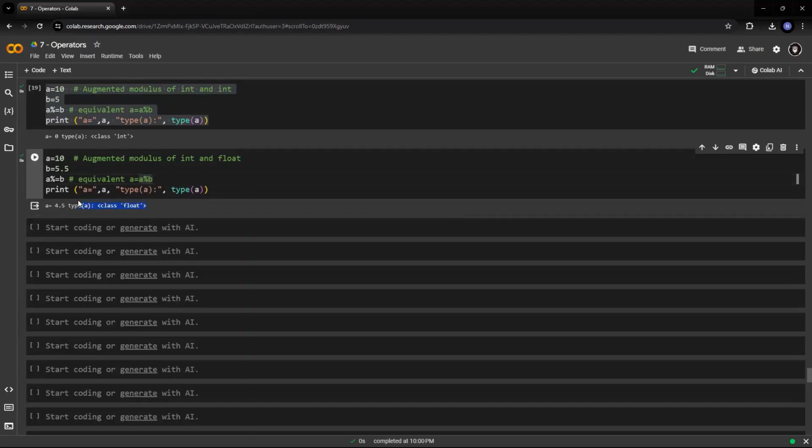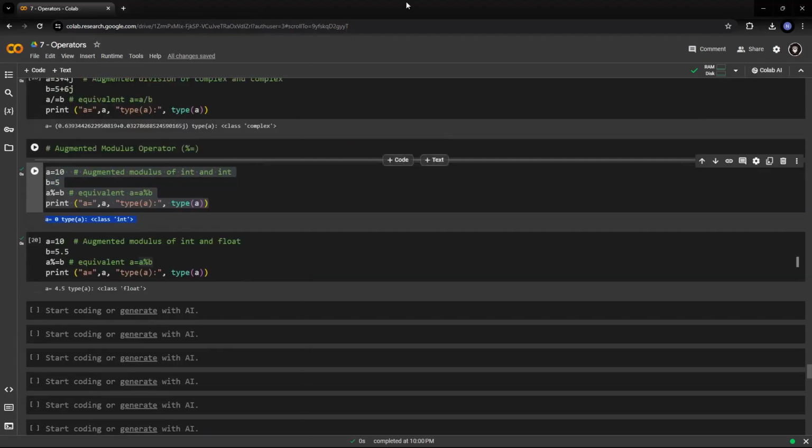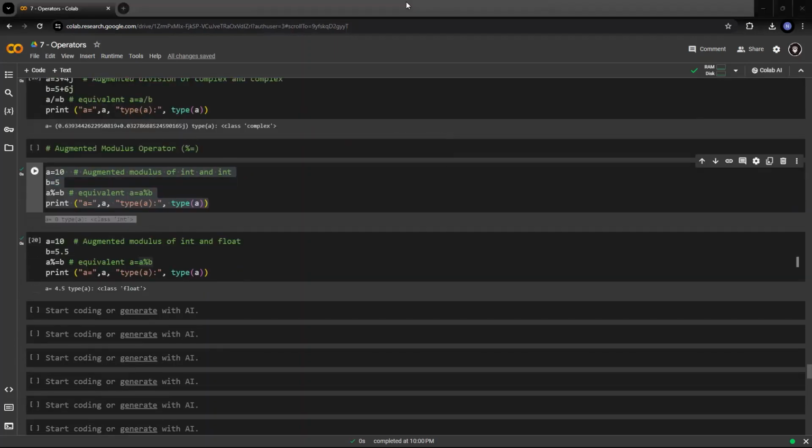So it is a float here. This was an int because the remainder was 0 and we had both the integers. So this was the augmented modulus operator. Now to perform modulus assignment operation in a single statement, use the percentage equals to operator as we have used right now.